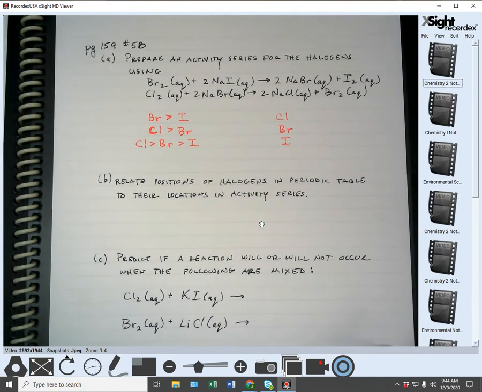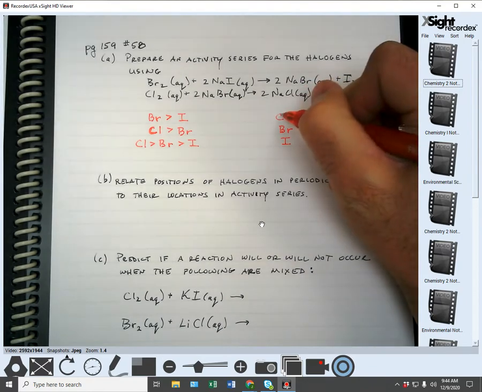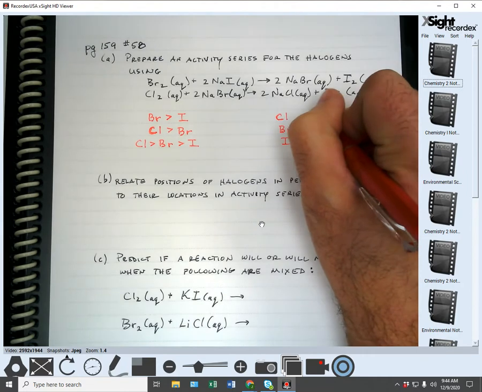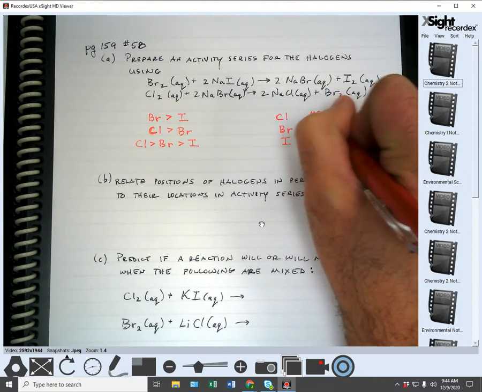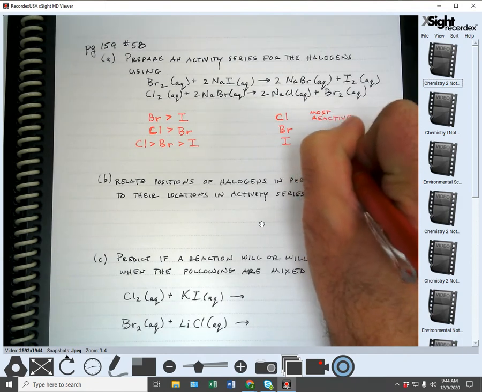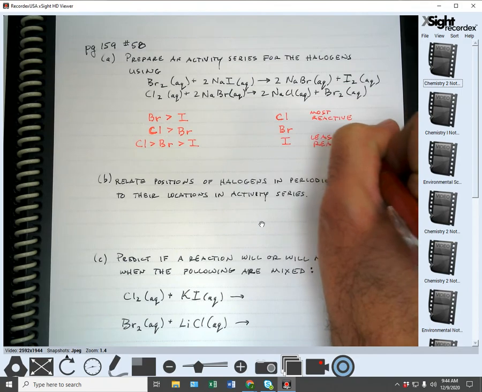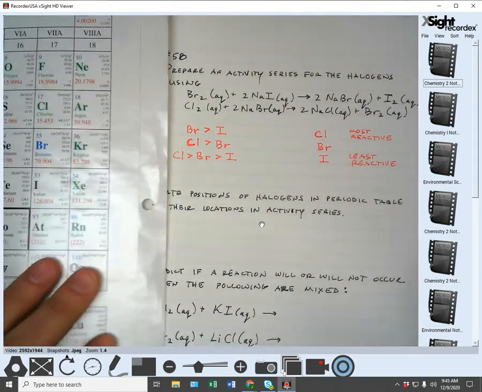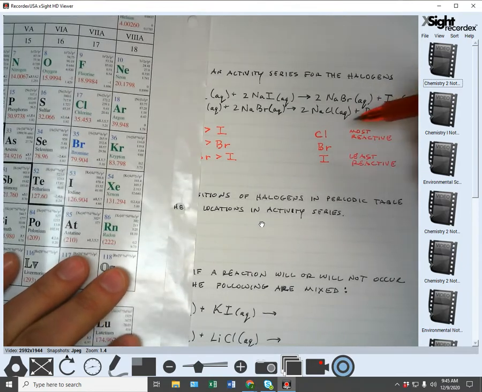Part B. Relate the positions of halogens in the periodic table to their locations in the activity series that we just made. So if we look, most reactive, least reactive, we've got chlorine, bromine, iodine, most reactive to least reactive.